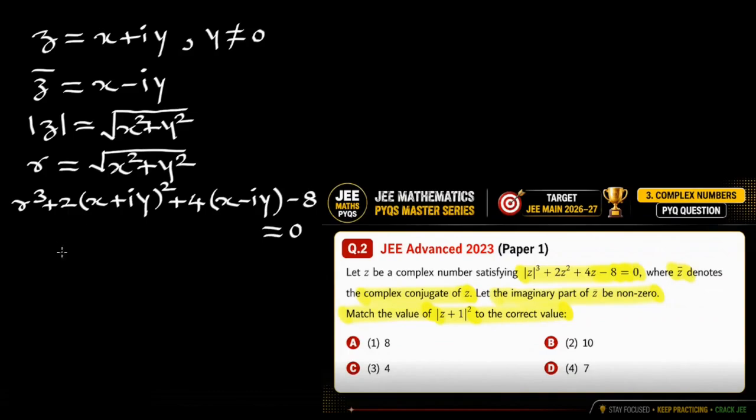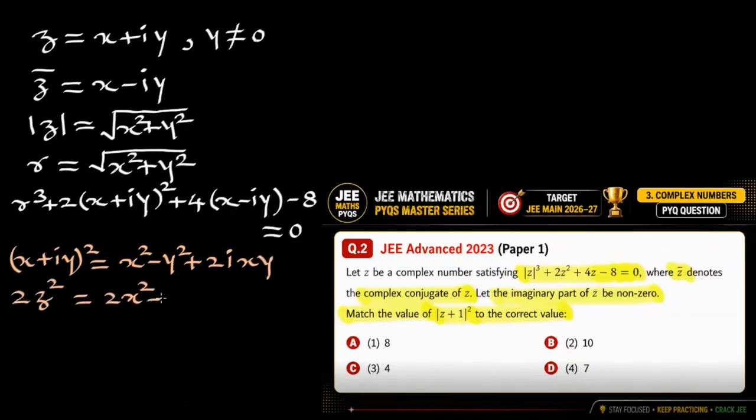Separate real and imaginary parts. First compute (x + iy)² = x² − y² + 2ixy. Hence 2z² will be 2x² − 2y² + 4ixy.